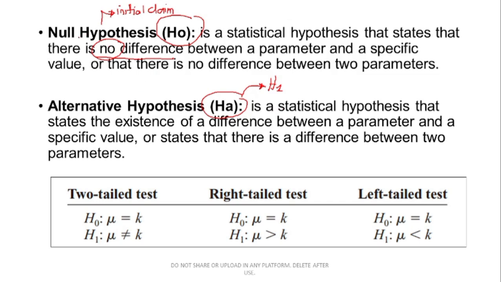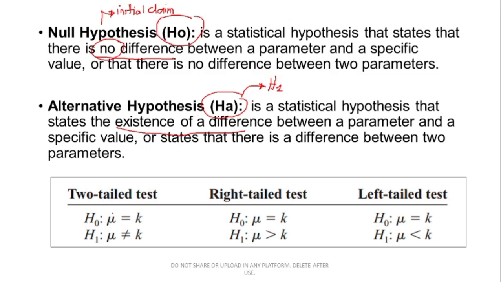Kasi kung dito sa null hypothesis natin ginagamit natin yung word na no, dito naman, there exists. Meron talagang nag-exist. So yung mga common na ginagamit natin dito is there is a significant difference, existence of difference, there is significant effect or there is a change, there is significant relationship. Yun yung mga ginagamit natin dito sa alternative hypothesis.